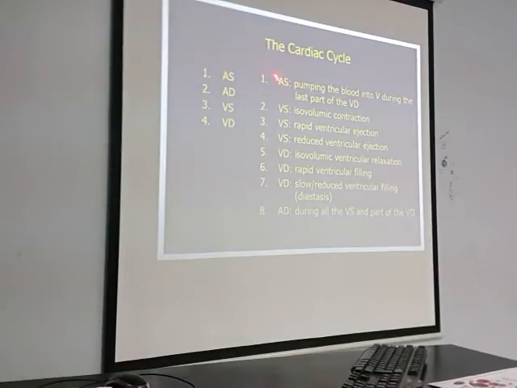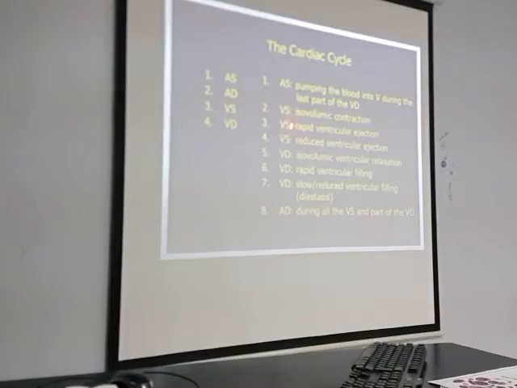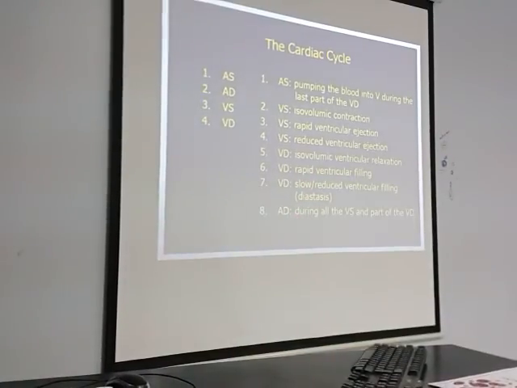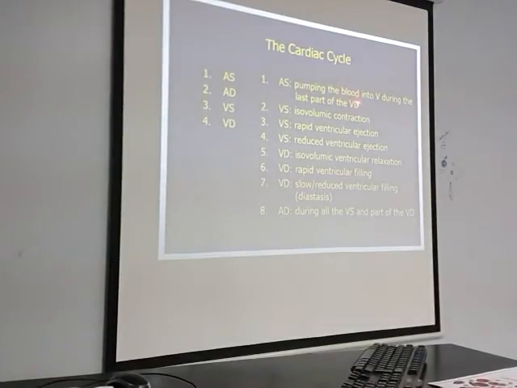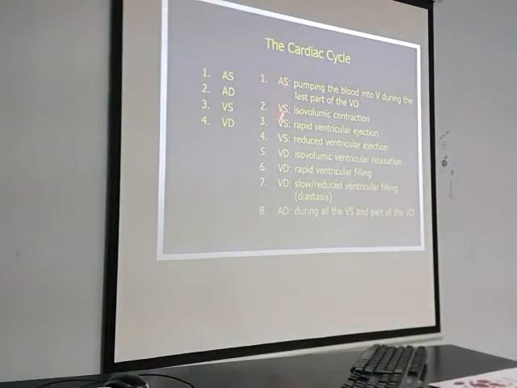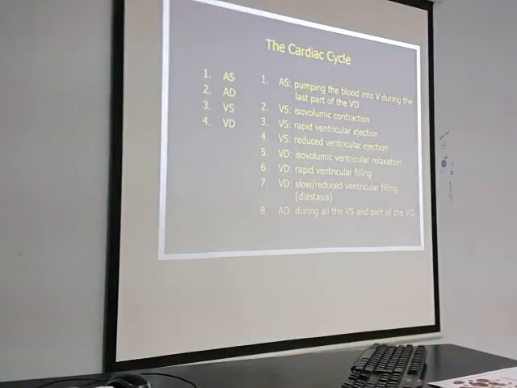Okay. So beginning with atrial systole, then ventricular systole. Ventricular systole is divisible into 3. Then ventricular diastole, which is divisible into 3, and finally the atrial diastole or relaxation. This is just describing what happens in this particular stage. Like atrial systole.